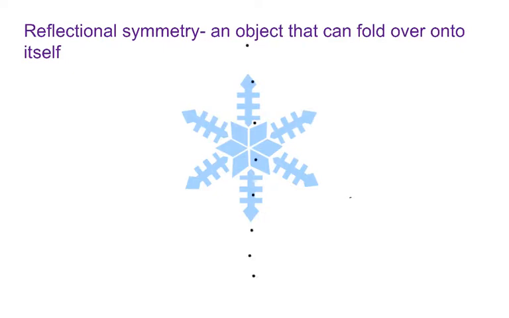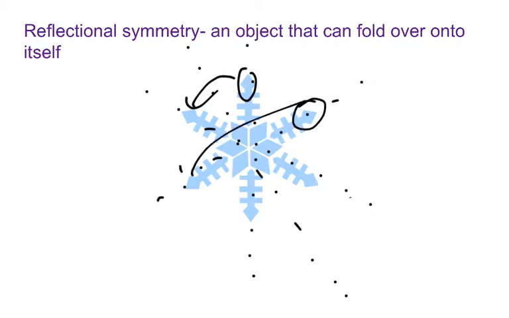I'm going to draw a few more. So we could fold it over onto itself there, fold it over onto itself there. You see any place else we could fold? Well, what if we cut it in half right here? That would fold over onto there. That would fold over onto there. And that would fold over onto there.